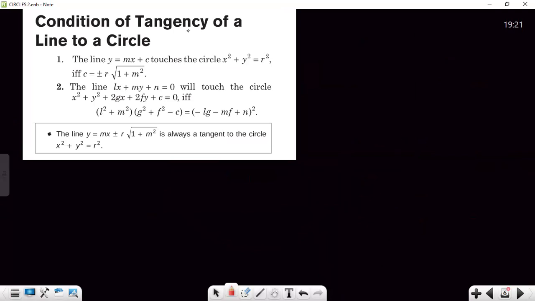So see, here the condition of tangency is given. If the line y equals mx plus c touches the circle, which means it touches the circle at one point, it is a tangent. The equation of the circle is this, the equation of the line is this.